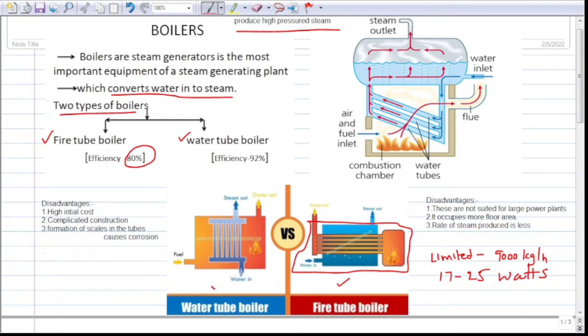Then coming to the water tube boilers, it is the reverse of the fire tube boilers. The water flows through the tubes, with hot combustion gas over these tubes.